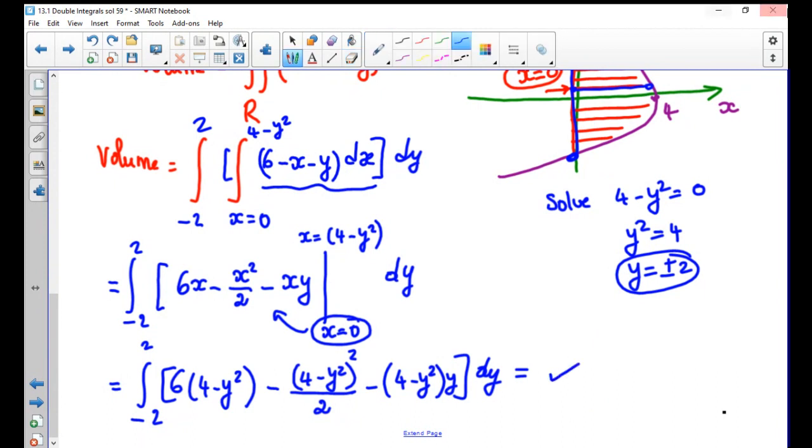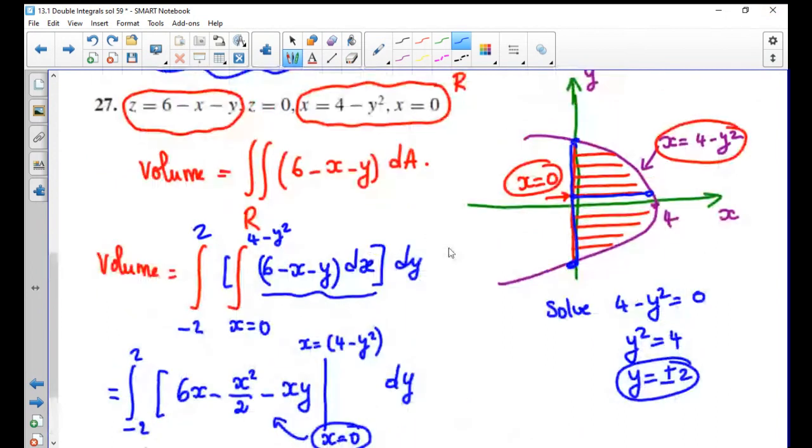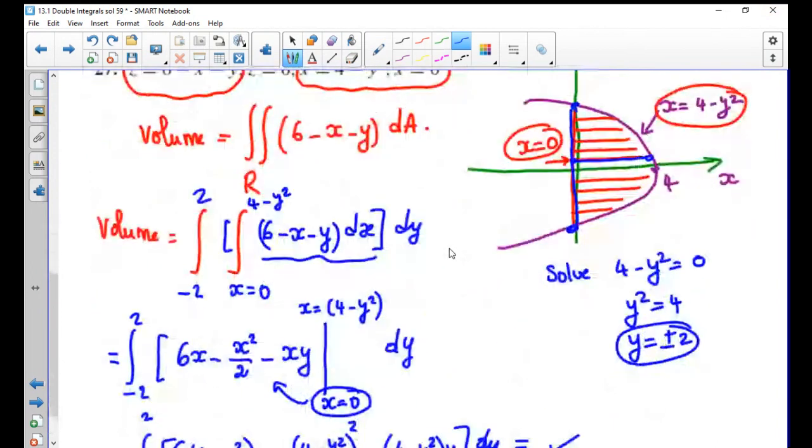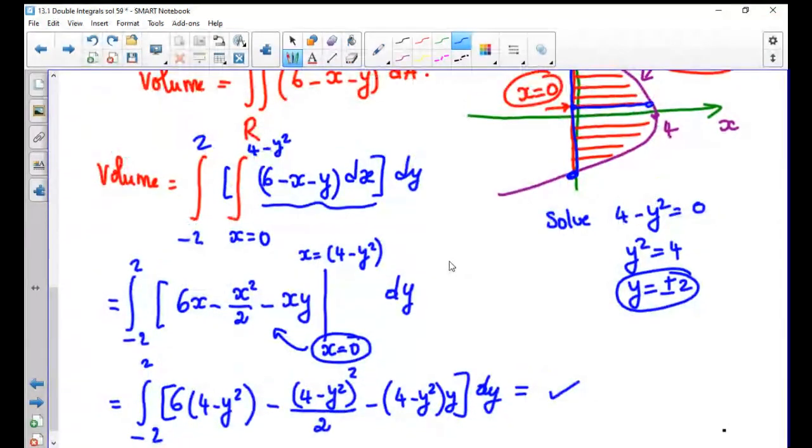You can calculate it. No, it's not that 15. Yes, you need to integrate with respect to y. But first you need to open all these brackets and maybe simplify things a little bit, and you should get the answer without too many problems. If you have any problems with this, let me know.